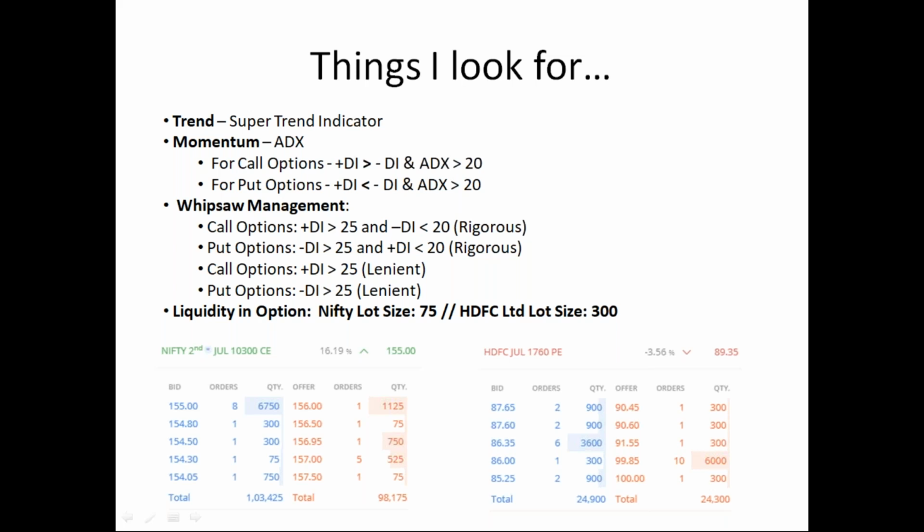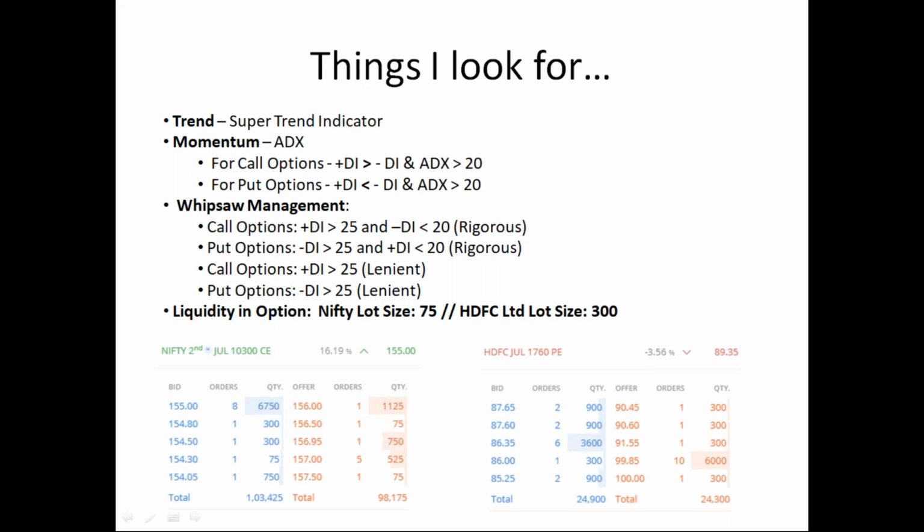Other thing that I've noticed specifically in stock options is that if you're trading in illiquid options, despite the stock moving in your direction, you won't find bid and ask favorable to you when you're trying to square off your position. So for example, if I'm trading in a stock like BHEL or SAIL, which have bigger lot sizes but the liquidity is not there, the spread could be almost 30 to 40 paisa in these small stocks, and the lot size is in excess of 10,000.